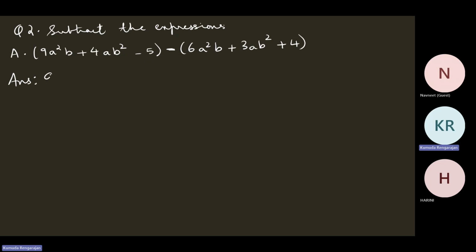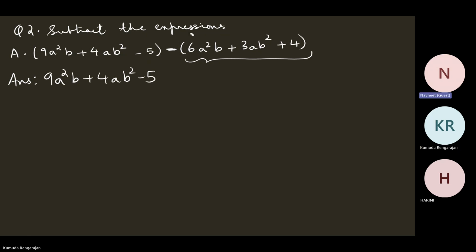The terms 9a square b plus 4ab square minus 5 come out of the bracket. And here, before the bracket, there's a minus sign. So to open this bracket, every term in the bracket should be multiplied by this minus sign. So minus into this term, minus into this term, and minus into this term.